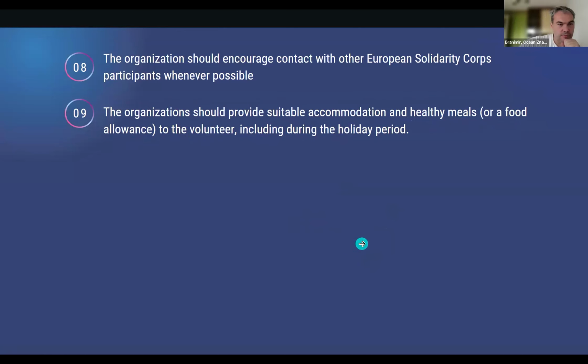Yes, this is absolutely true. Sometimes it works like this, that you give them the pocket money immediately. It is calculated, and the German national agency also has a recommendation of how much it is. All the national agencies usually know what this amount of food is, but yes, it should include every day, basically, even during holidays.